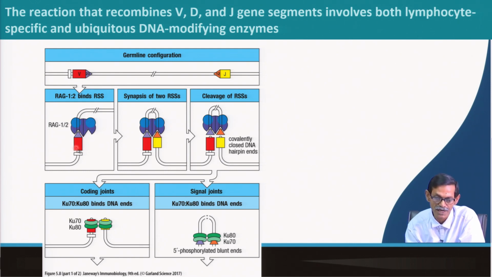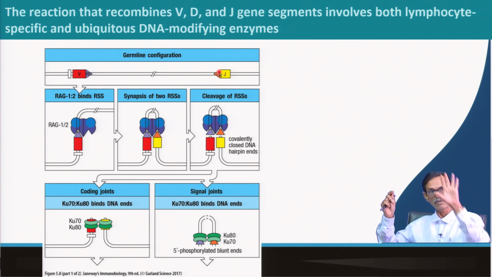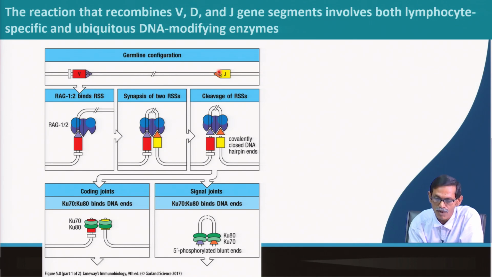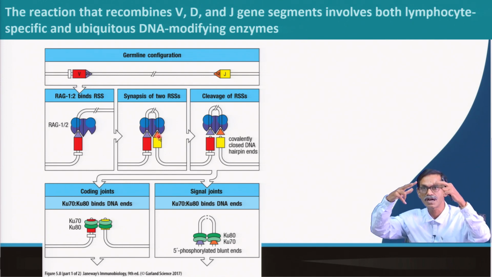They first bind here, then another one binds there. As I told in the last class, one protein binds here, another binds there, and they come together. So this brings the V and J segments together. When the V and J segments come together, there is endonuclease activity, and that endonuclease will cut the two strands.